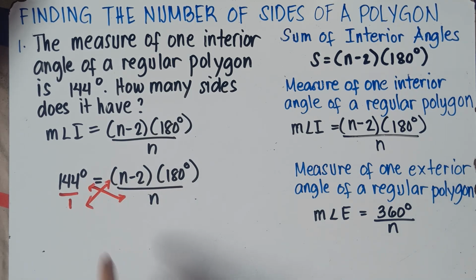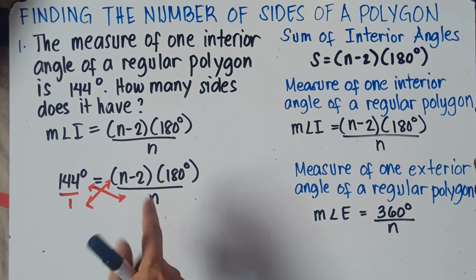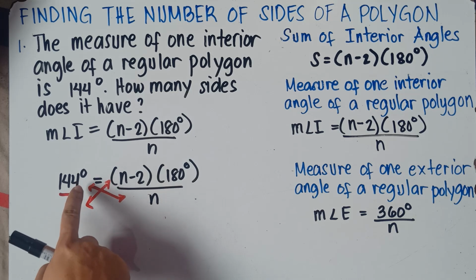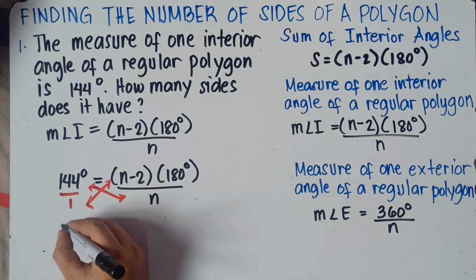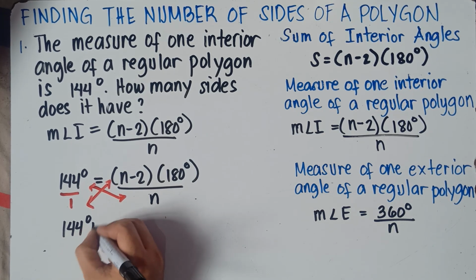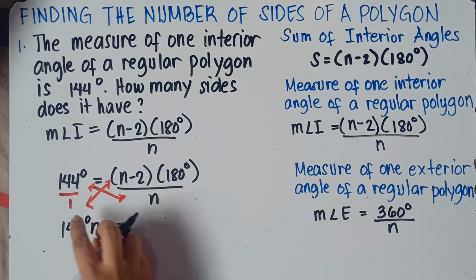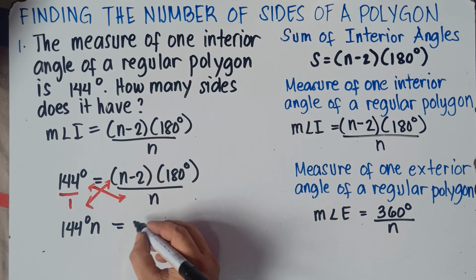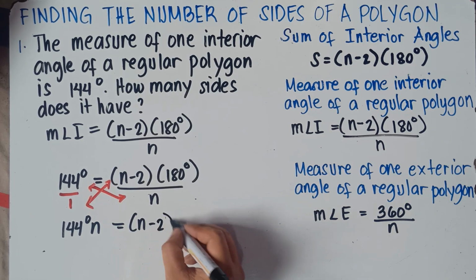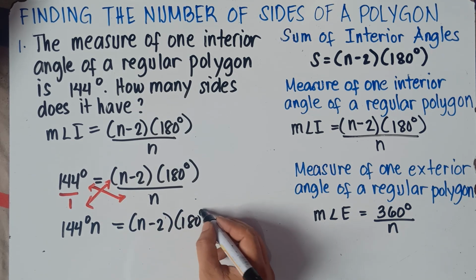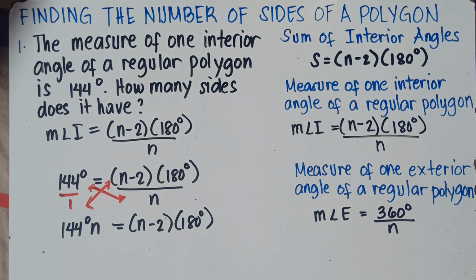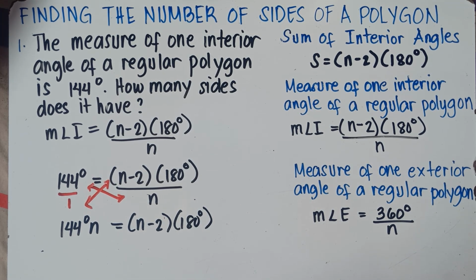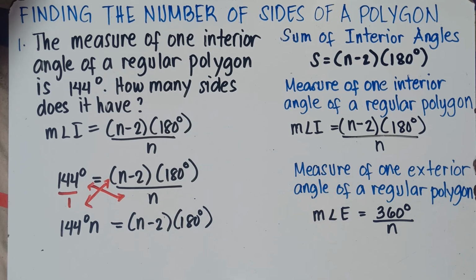So 144 degrees times n, you will get the same answer as a while ago: 144 degrees n equals 1 times this equation. Simply copy this equation, n minus 2 times 180 degrees. It's up to you, class, which you prefer. You can cross multiply or you can multiply both sides by n.